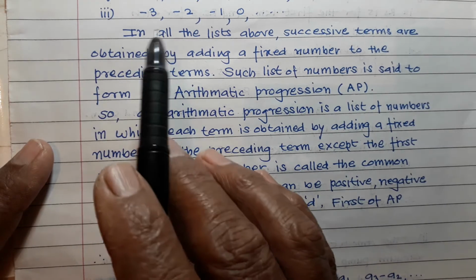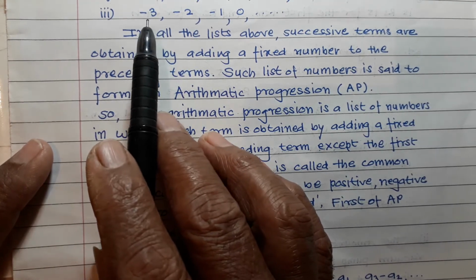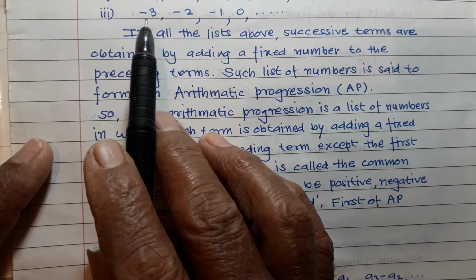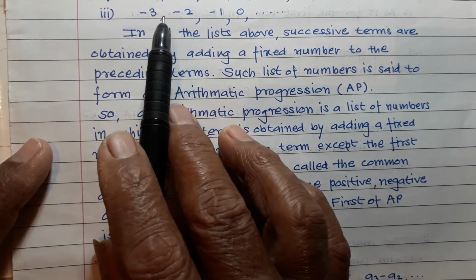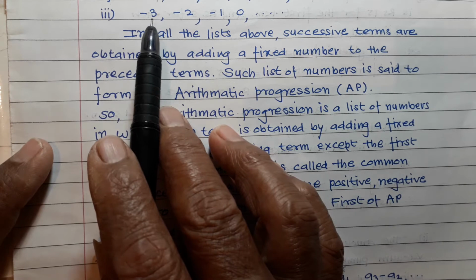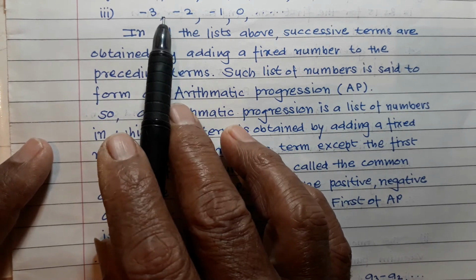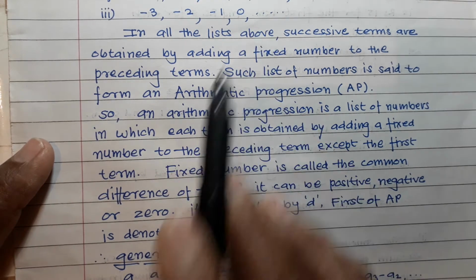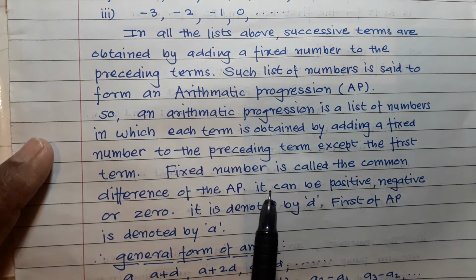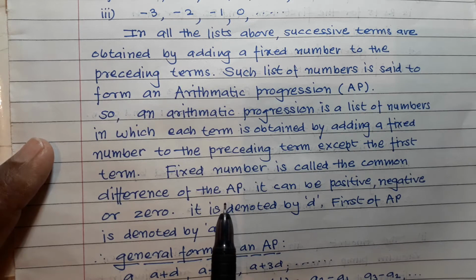So here you cannot obtain the first term. You should know the first term, and if you know the first term and the fixed number, then you can obtain an arithmetic progression, that is a list of numbers.